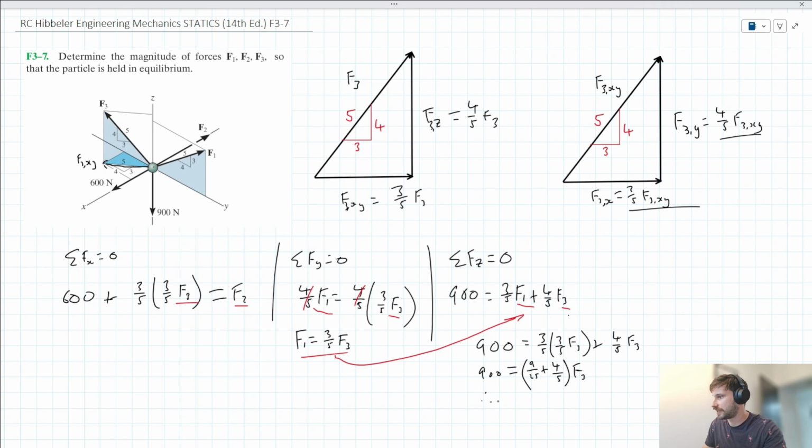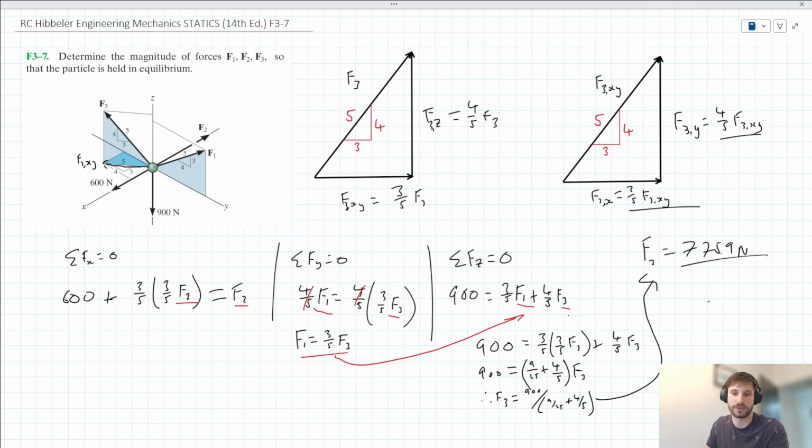We can therefore say that f3 is equal to 900 divided by 9/25 plus 4/5. Okay. Now, when we take this 900 over 9/25 plus 4/5 and bung it in our calculator, we find that f3 is equal to roughly 775.9 newtons.